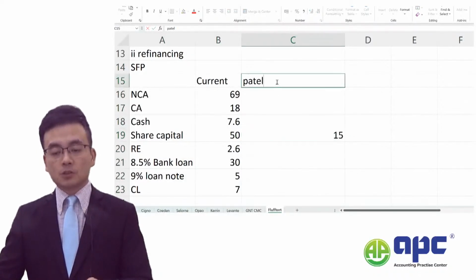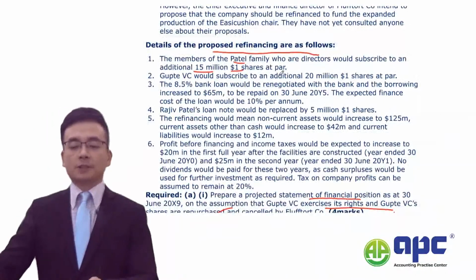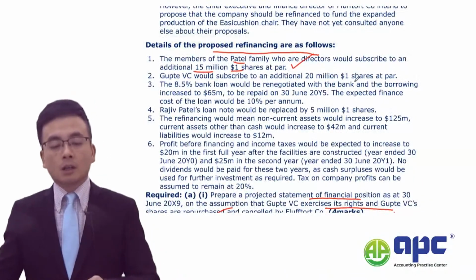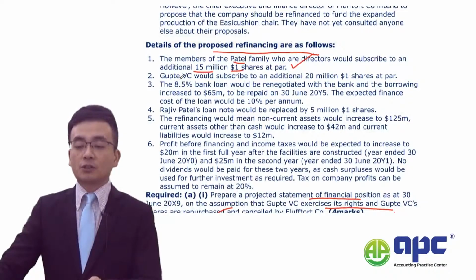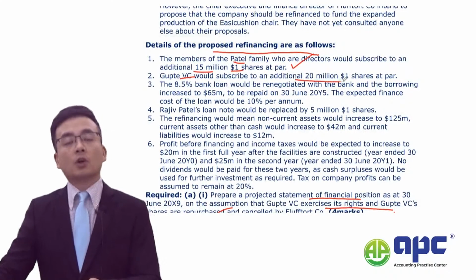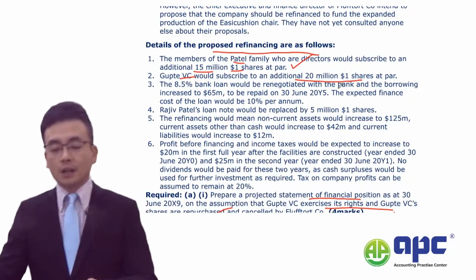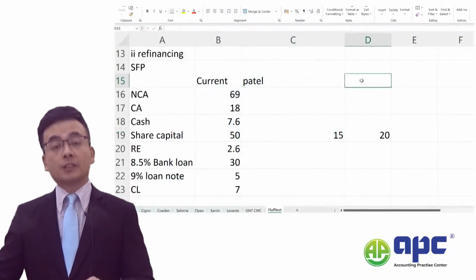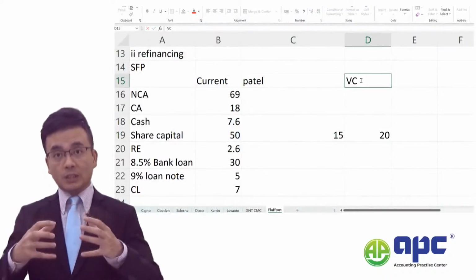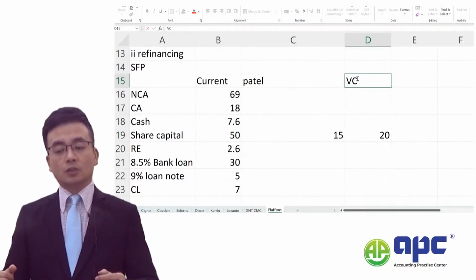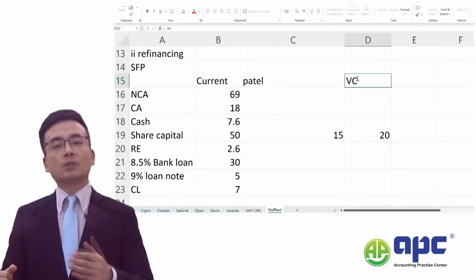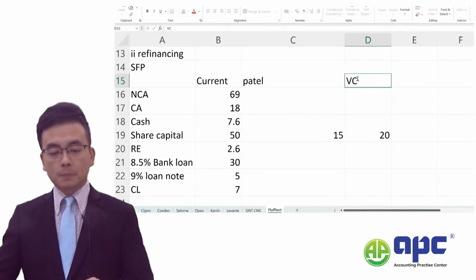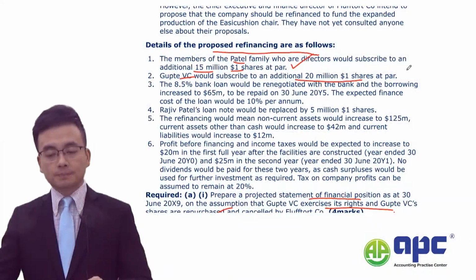Just make a quick note of that, tick for that. And also the VC will subscribe to an additional 20 million $1 shares. That being the case, it's 20 here. It's the VC increasing the share capital, because we will need to issue additional shares and sell them to the VC. Tick for that.